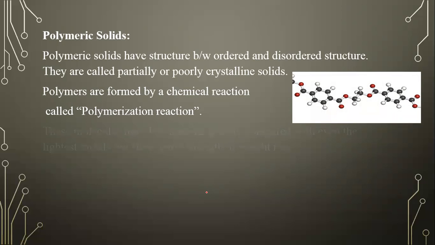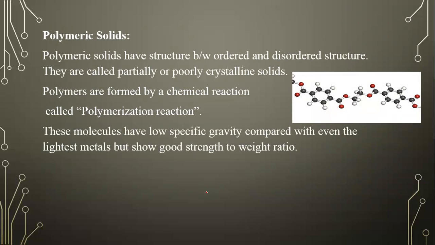Characteristics of polymeric solids are they have low specific gravity compared with even the lightest metal. अगर हम लाइटेस्ट मेटल के साथ भी इनकी स्पेसिफिक ग्रेविटी को कंपेयर करें तो इनकी स्पेसिफिक ग्रेविटी उस लाइटेस्ट मेटल की स्पेसिफिक ग्रेविटी से भी कम होगी, and they show good strength to weight ratio due to their low specific gravity. Even they have low specific gravity, but they can show good strength to weight ratio.